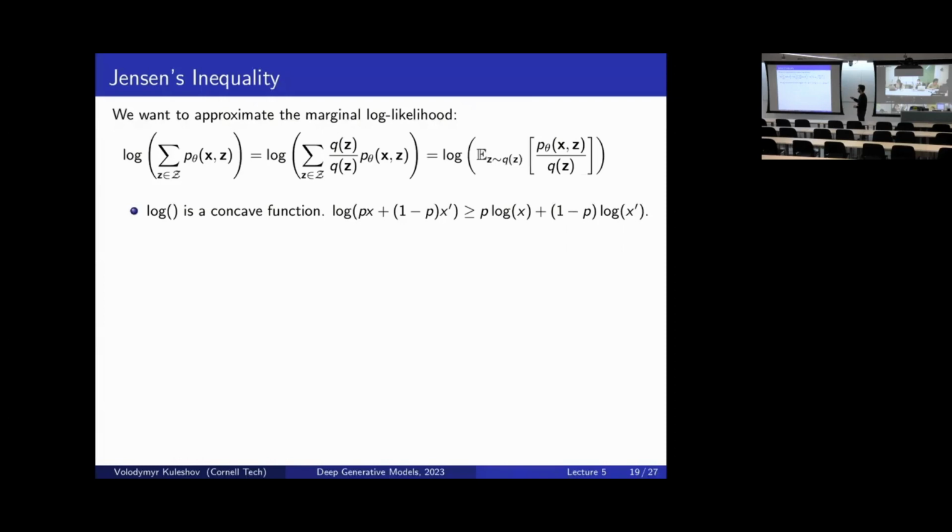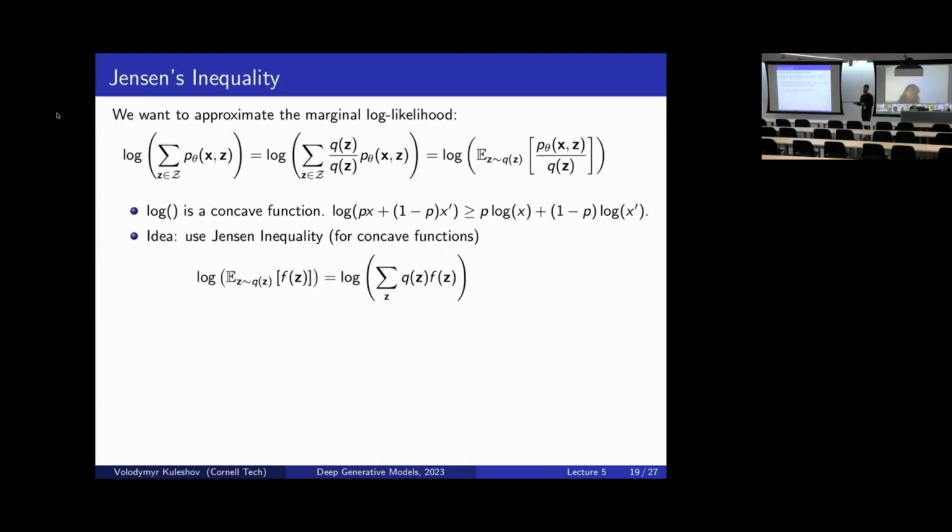So that's what I have here: p times x plus 1 minus p times x prime, where p is some probability between 0 and 1. So taking x and x prime like this is like interpolating between them. And the log of the interpolation is always going to be greater than the interpolation of the logs. That's what Jensen's inequality tells us. So again, what is Jensen's inequality? It's this idea that the log of the interpolation is greater than the interpolation of the logs.